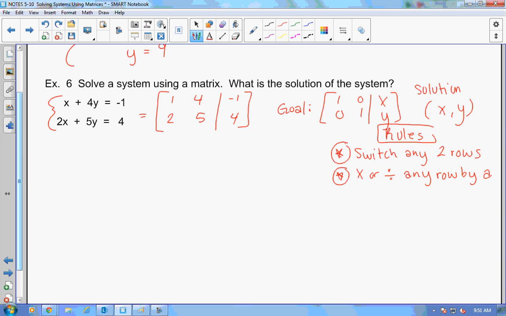We don't want to times everything by 0. Okay, we were allowed to do that on our puzzle at the beginning. You can add one row to another. And finally, kind of like that last step when Chris was up here, what did we do? Multiply by 4 and subtract, something like that. You can combine any of these steps.